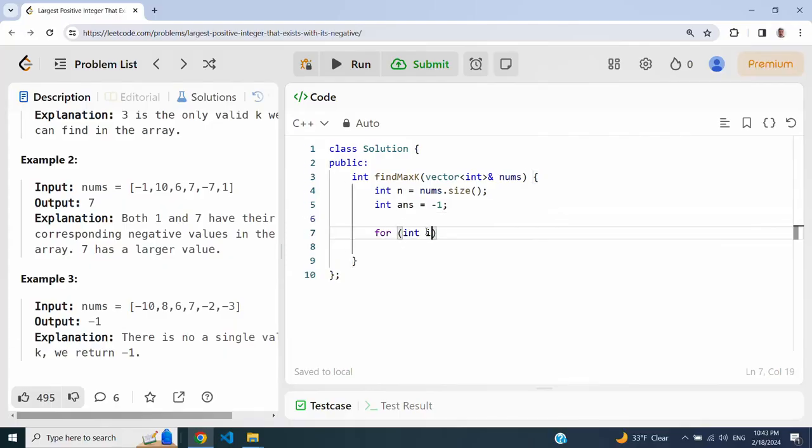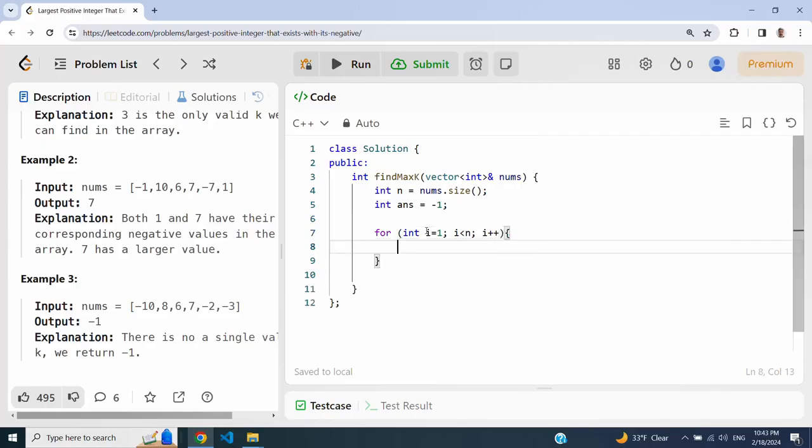So let me do i going from 1 up to n, i plus plus, and I'm going to search this nums[i] in the front of the array, meaning j going from 0 to i, not including i, of course, j plus plus. And the question is, if nums[j] is equal to minus nums[i], then we found it.